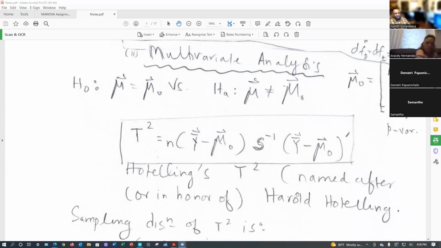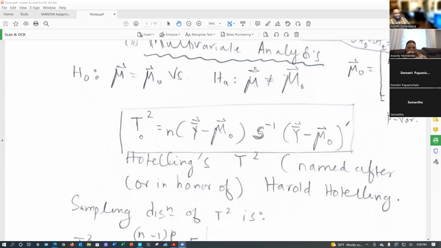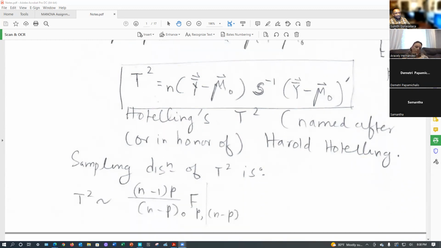This one has been named after Harold Hotelling: Hotelling's t squared. This one is distributed according to this distribution. This t squared is distributed as (n minus 1) times p over n minus p times F. N stands for the number of observations. P stands for the number of variables.